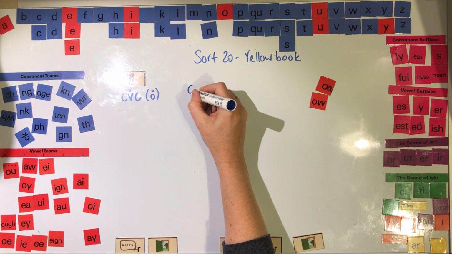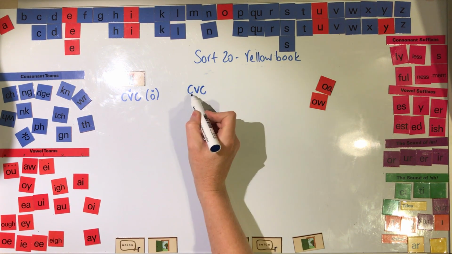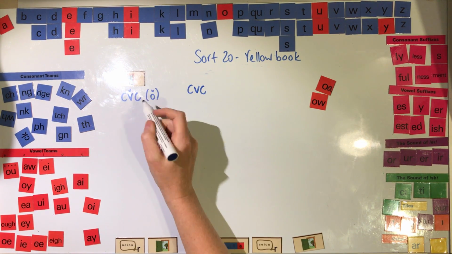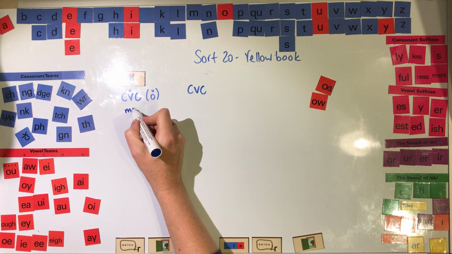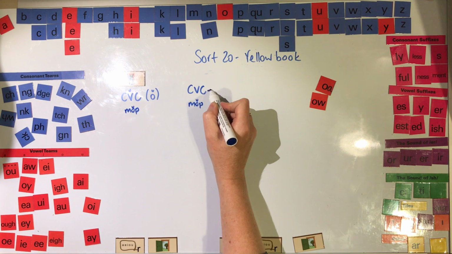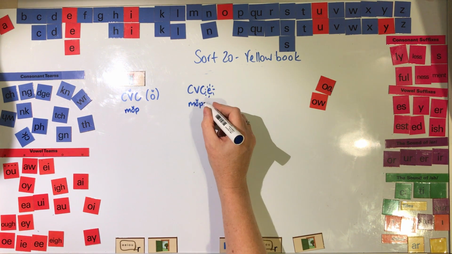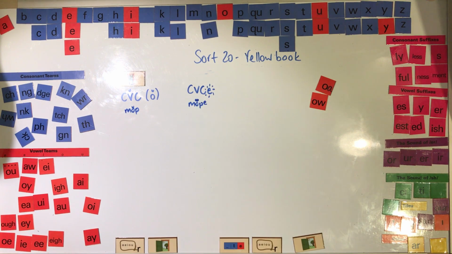So we've got consonant, vowel, consonant, so that'd be like our cat, but mop's a better example. We've got mop here, CVC, makes its short sound, but we bring mop over here and we put a magic E on the end of it, and suddenly it becomes mope.